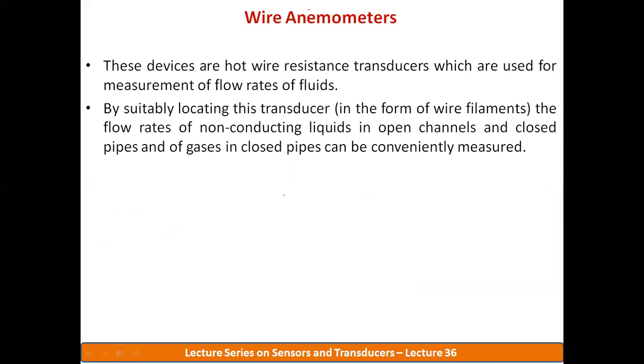So let us begin with the first type of transducer, that is wire anemometer. The meaning of the word anemometer is, an anemometer is an instrument which is used to find out the velocity of air or a fluid or any gas.